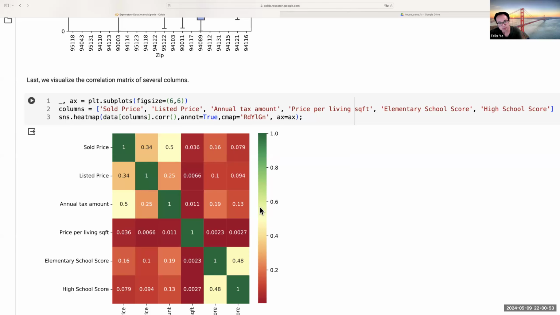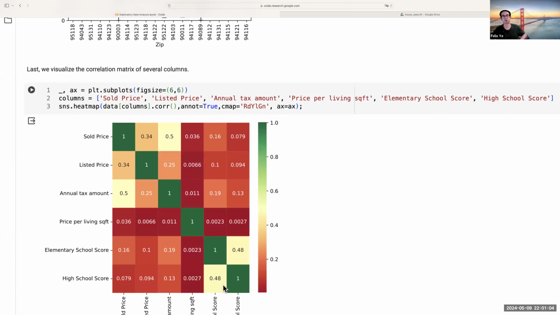Also within those features, we see elementary school scores and high school scores are highly correlated here, and the correlation is 0.48. That indicates that if you want to keep just one of them, it probably will not hurt the model a lot, because of the correlations between the features.